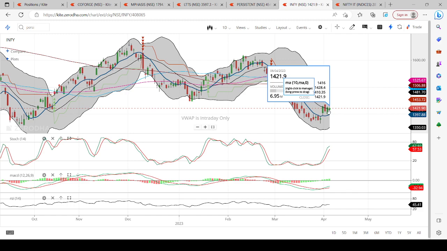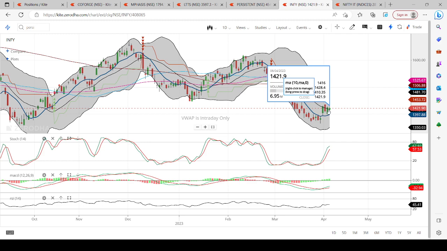The only thing which will spoil the up move is if they reduce the earlier guidance. Say, if they had earlier given guidance of 16%, and now the management comes and says we are reducing the guidance forecast by 0.50 points, which means 15.50, then the stock could get a beating and be hammered.